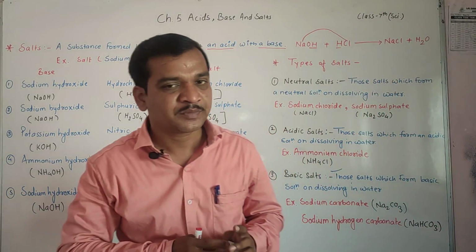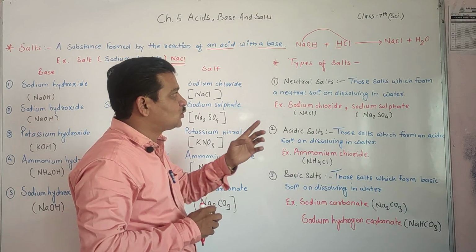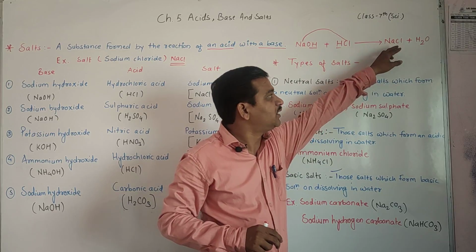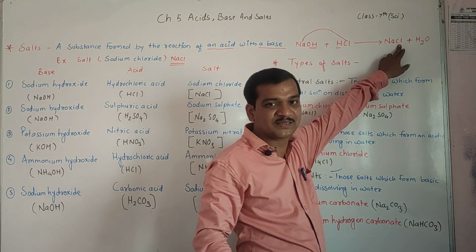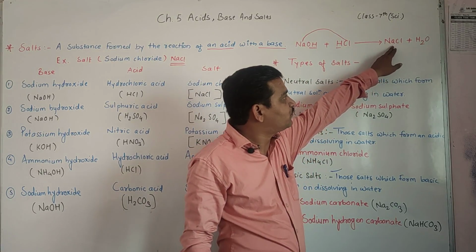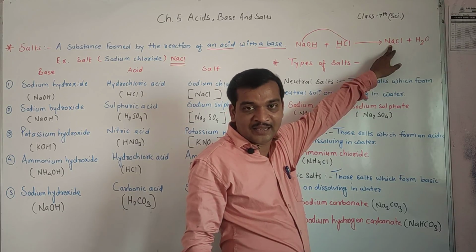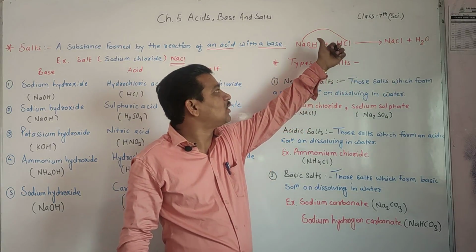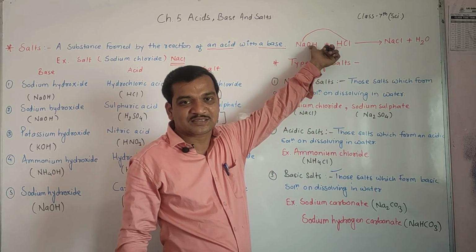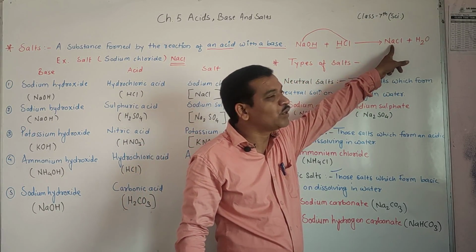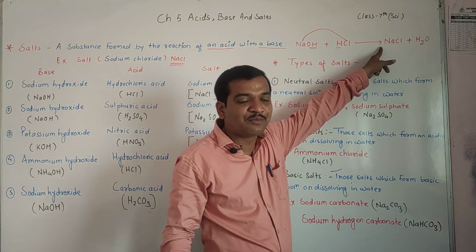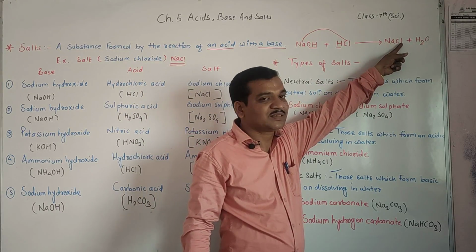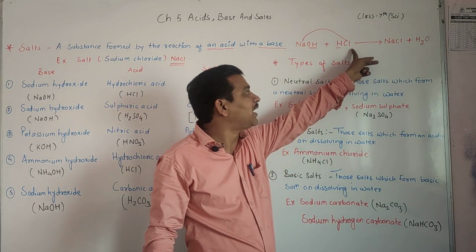For example, sodium chloride is the name of the salt. The first name, sodium, is derived from the base, and the second name, chloride, is derived from the acid.